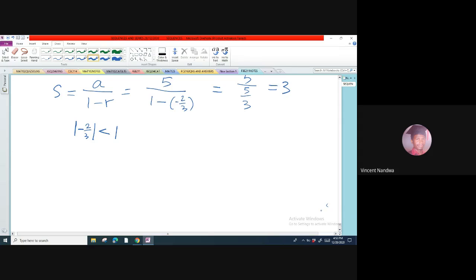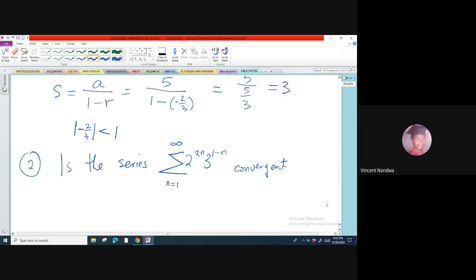Then number 2, another example: is the series convergent or divergent?